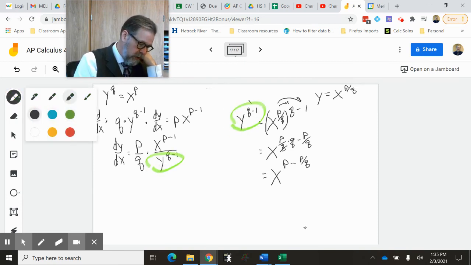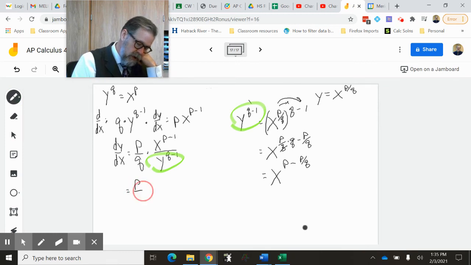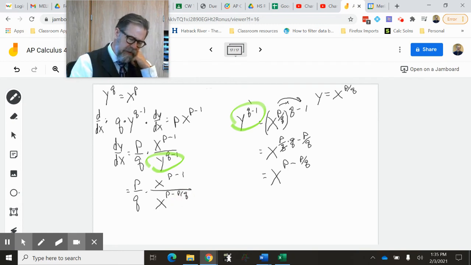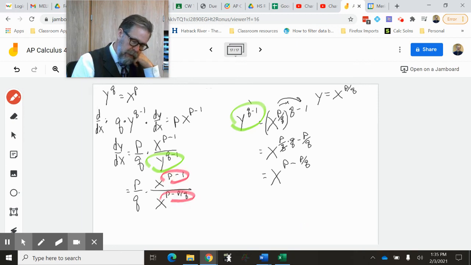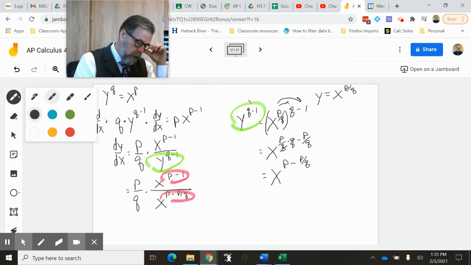So let's do a little quick substitution. The derivative is p over q times x to the p minus 1 divided by x to the p minus p over q. And of course, we can just subtract these powers, since that's a shortcut we have.